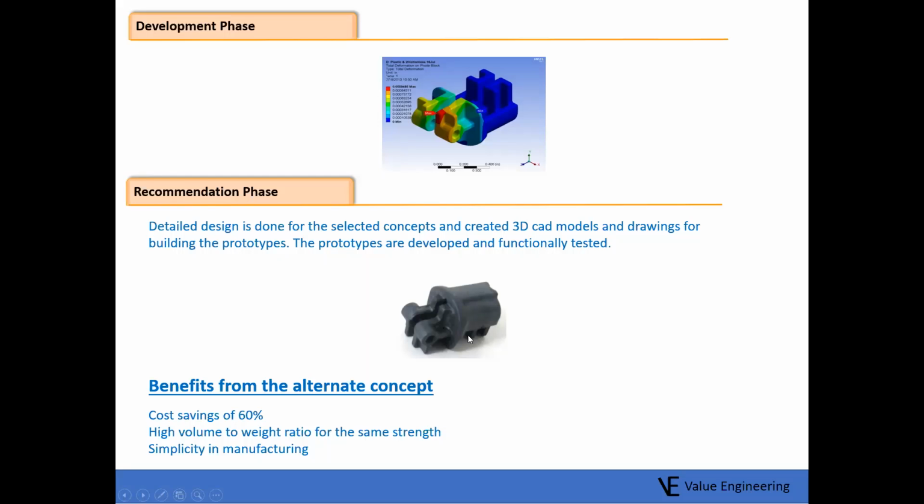They were taking a very big block and then machining the shapes. Now with plastic injection molding, we can get this component in a very simple manner. So we got the cost savings, the weight reduction, and the simplicity in manufacturing. These are the 3 benefits we get with this component.